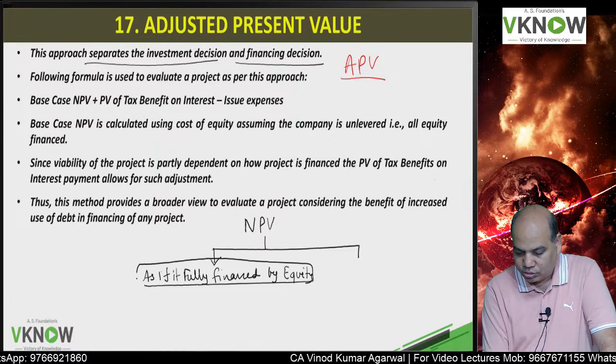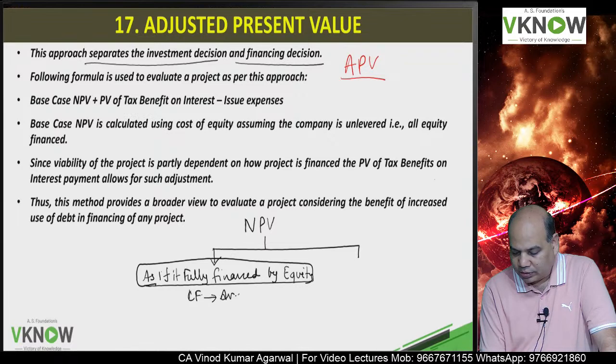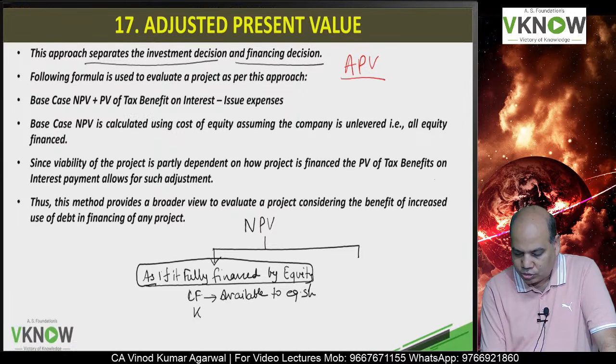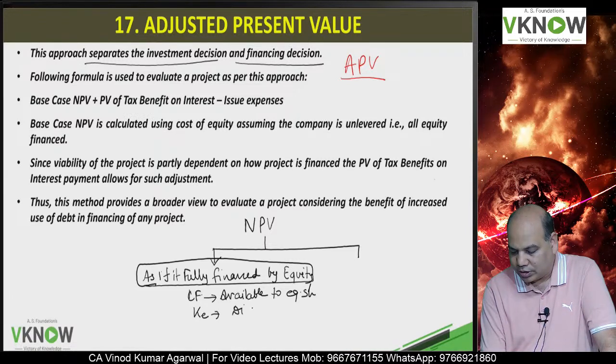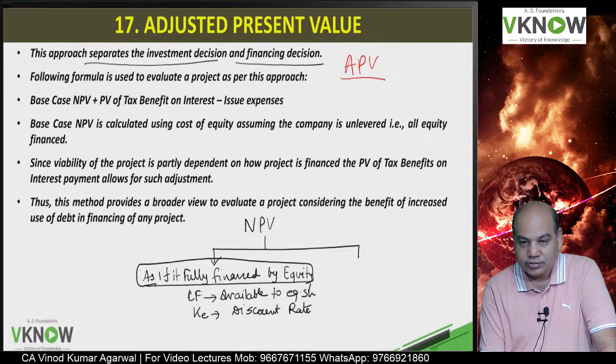That means you are going to use NPV based on cash flow available to equity shareholder. You will use cost of equity as a discount rate.